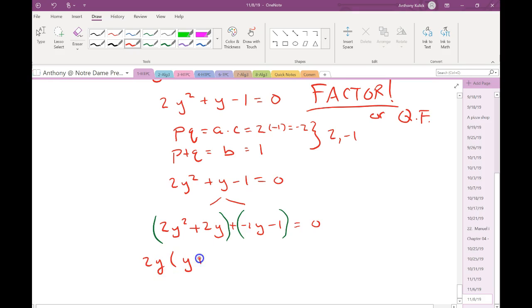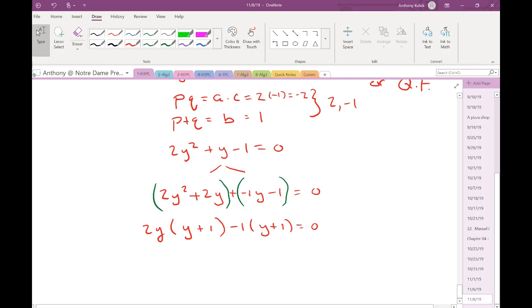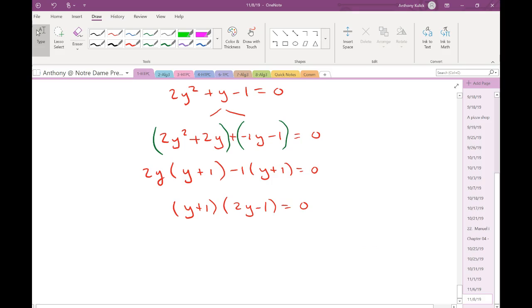That leaves me with y plus 1. From the second group, I can take a greatest common factor of negative 1. That leaves me with y plus 1. Notice now that each of these has a y plus 1 in common. So if I factor the y plus 1 off, I'm left with 2y minus 1 equal to 0.